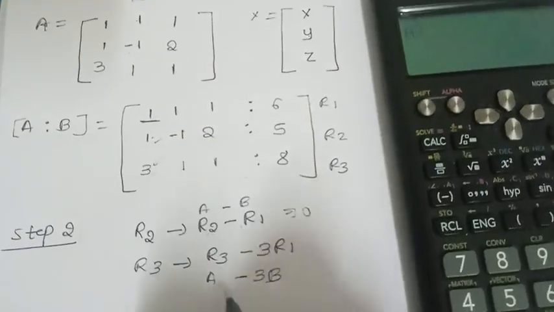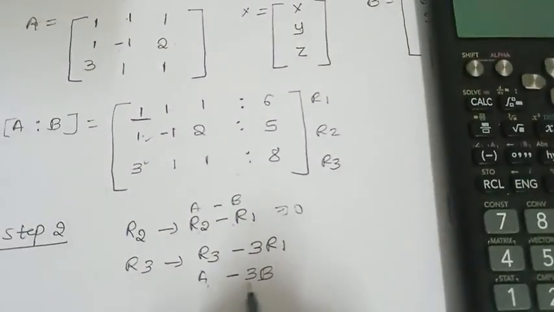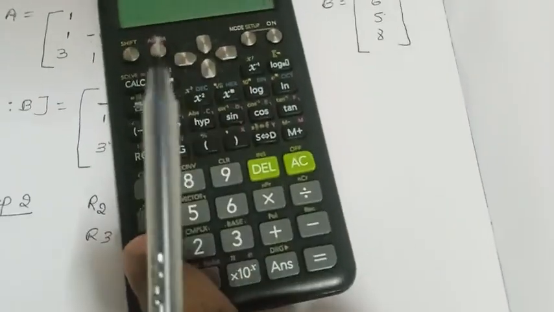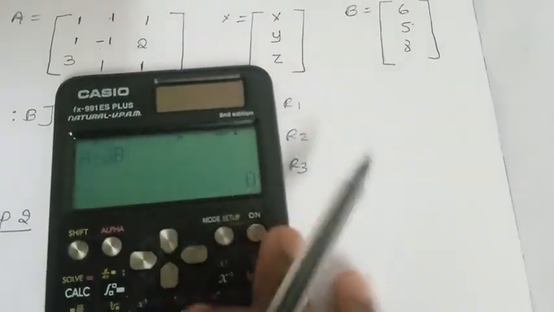So what's our R3 value, meaning the A value? 3. Equals, then what's our B value, R1's value? 1. Equals, so we got the answer as 0.